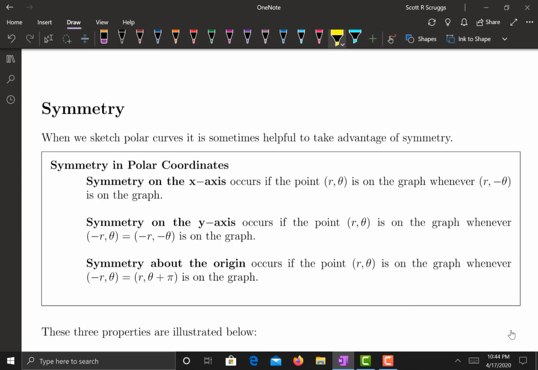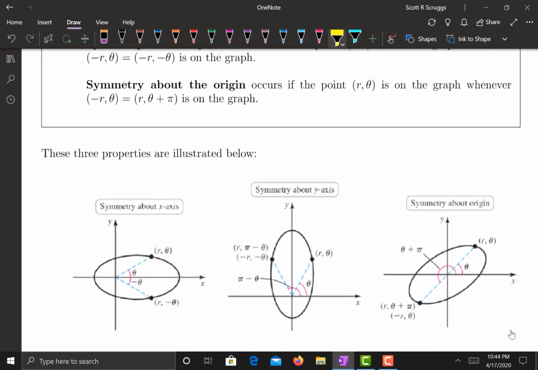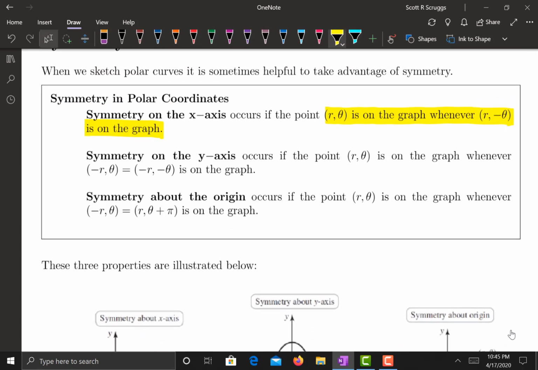This is going to occur if I look at the curve, and if I reflect it across the horizontal axis, I get a mirror image. That's symmetric about the x-axis, and that's reflected by the only difference between these two polar coordinates being that the angular coordinates differ by a sign.